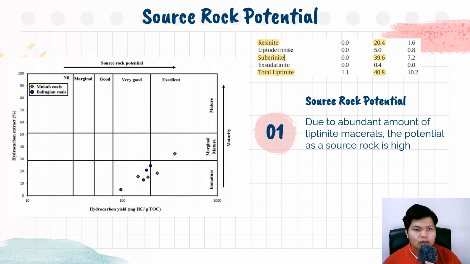From the data I have explained earlier, the resinite maceral value is 20.4%. The suberinite value is also 39.6%. Overall, the total liptinite value, which has waxy macerals, is 40.8%, which is quite high in certain rock samples. This indicates that the source rock potential is very good to excellent.